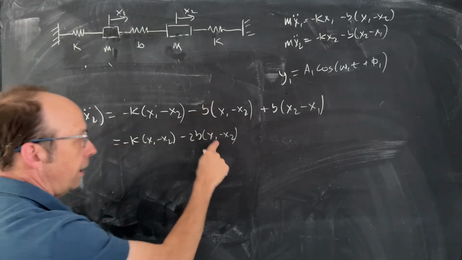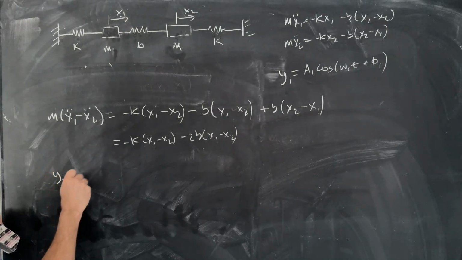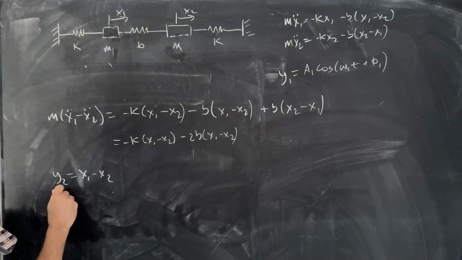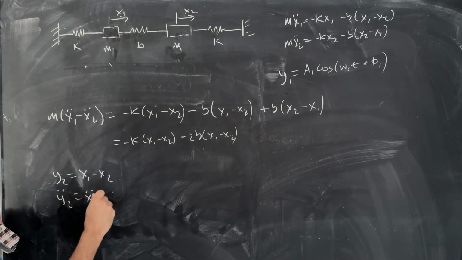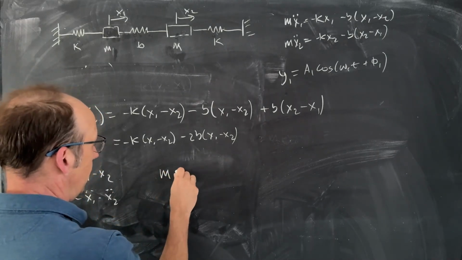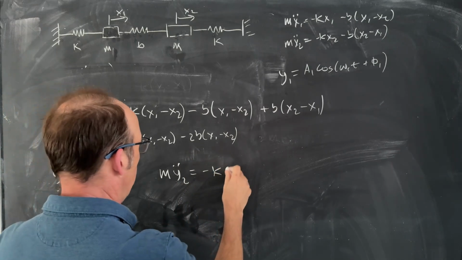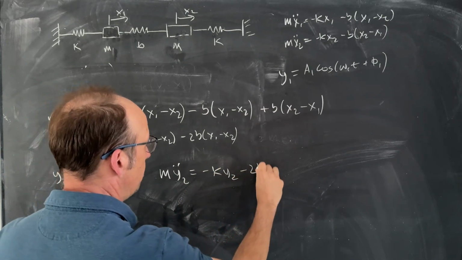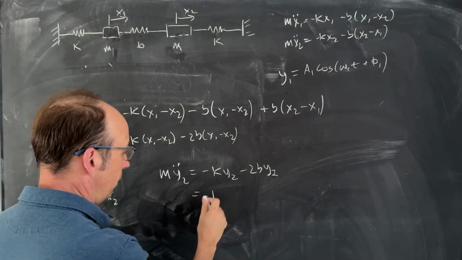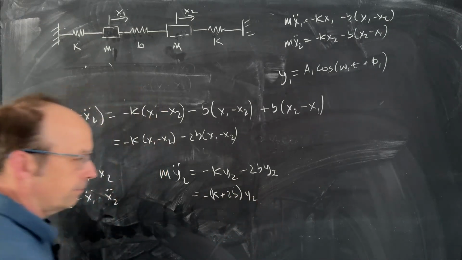So now we can make the second substitution: y2 is x1 minus x2, and y2 double dot is x1 double dot minus x2 double dot. If I make that substitution, I get m y2 double dot equals negative k y2 minus 2b y2, or negative k plus 2b times y2.